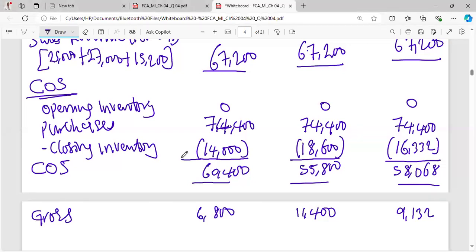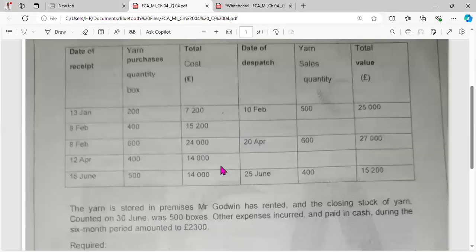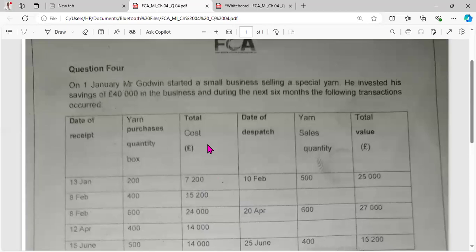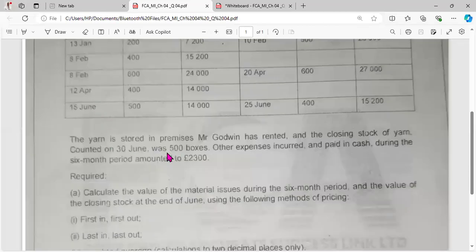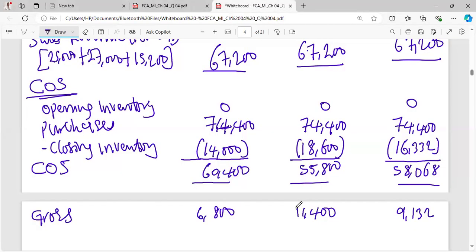Okay, so we had other expenses. This investment is not inclusive. This is capital. Cash expenses incurred, 2,300.